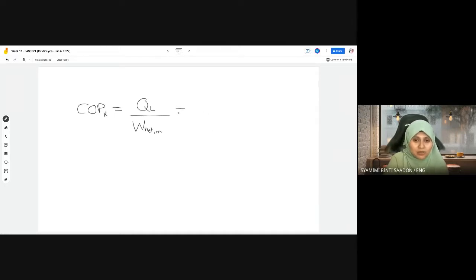So QL is 360 kilojoule per minute, so you have to divide by 60. And W net is 2 kilowatt, which is kilojoule per second.